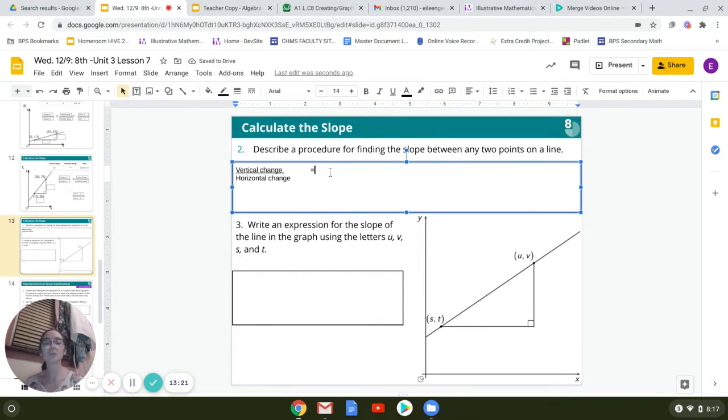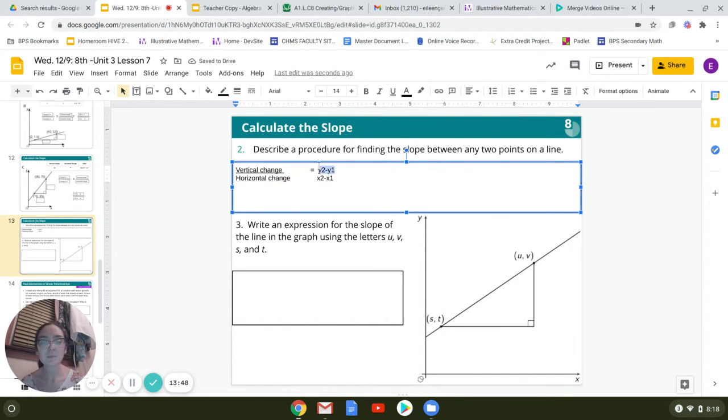It's going to be equal to that y2, the second y value, minus my y1, that first y value, over or divided by my x2, the second x value, minus x1.